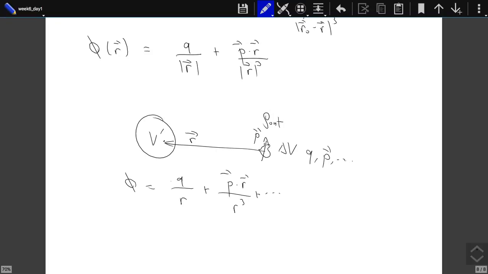And this R over here is the distance between your observation point and the origin that you have chosen in your charge distribution. If the volume is small, R doesn't really change over the volume. It's more or less constant.